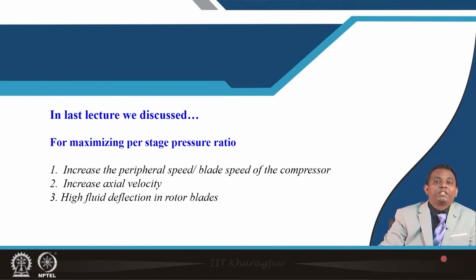For the first two cases, we have observed that increasing the peripheral speed or the axial velocity leads to shock formation near the tip region. That increases losses and blockage to the flow, reducing efficiency. Using a higher blade deflection angle leads to flow separation.